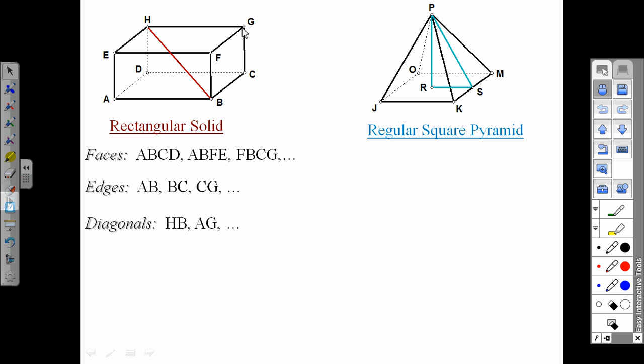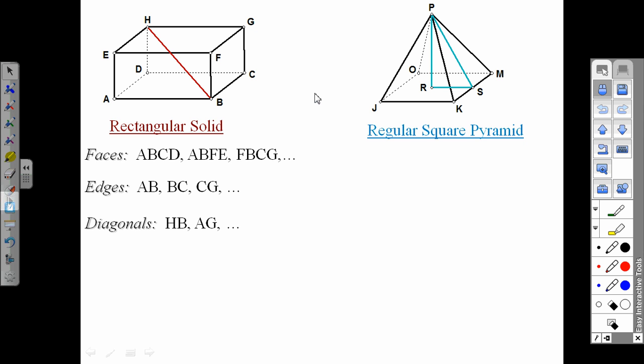If I start from G, up here, I go through the solid all the way down to A over here. If I start at E, I go through the solid all the way to point C. And if I start at F, I go all the way through the solid to point D. Okay, so those are the 4 diagonals of a rectangular solid.